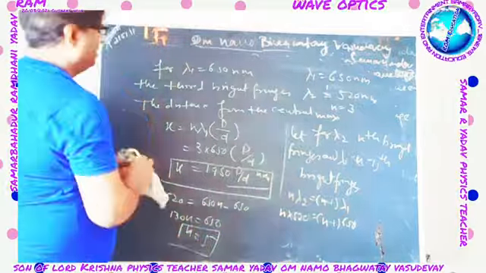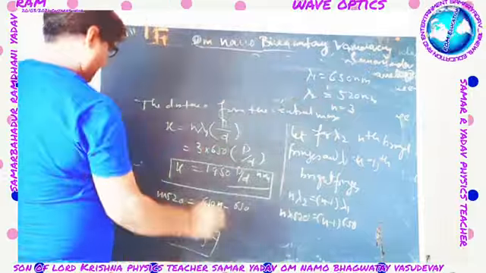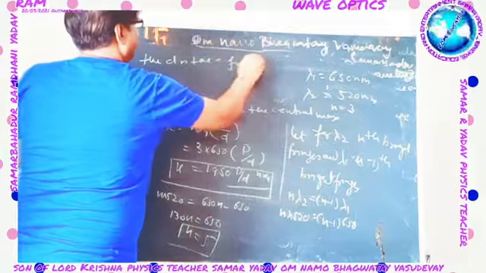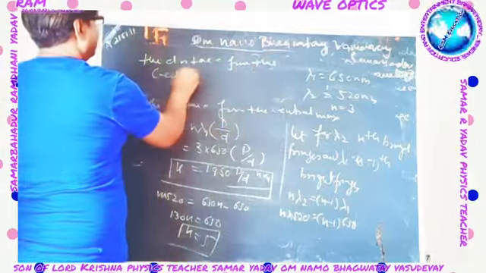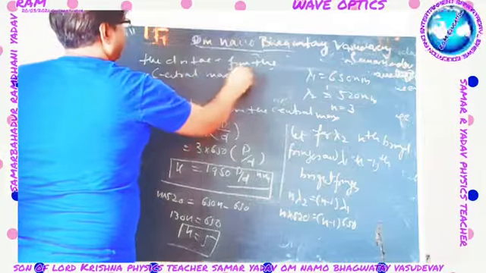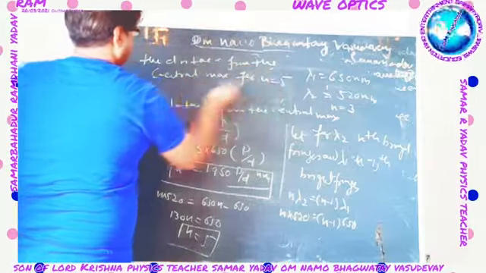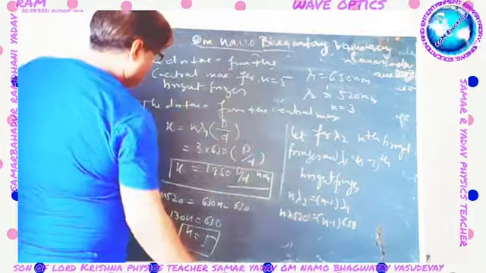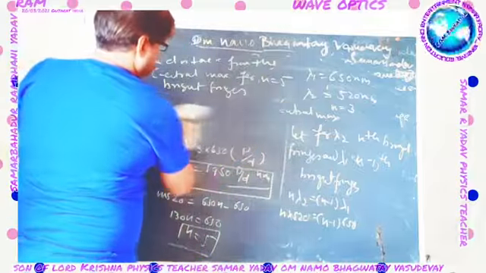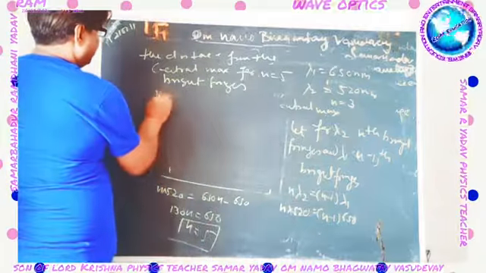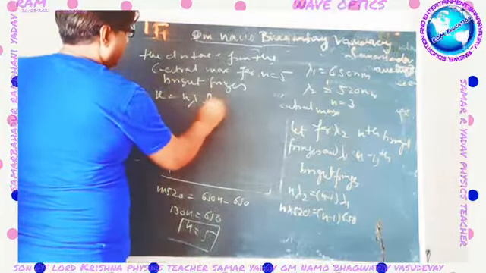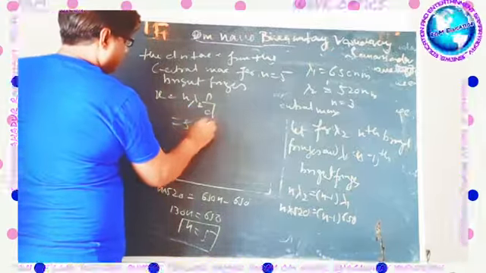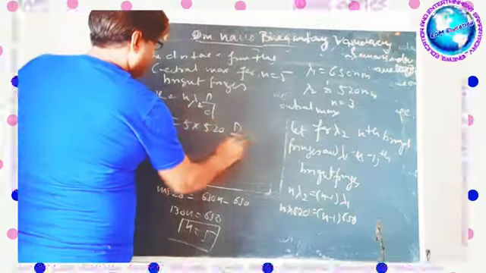Therefore the distance from the central maximum for the n is equal to 5 bright fringe, using the same formula, x is equal to n lambda 2 capital D upon small d, is equal to 5 into 520 capital D upon small d.